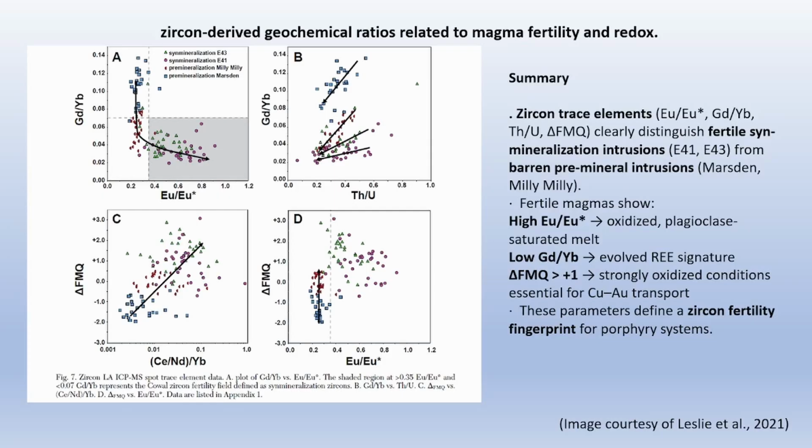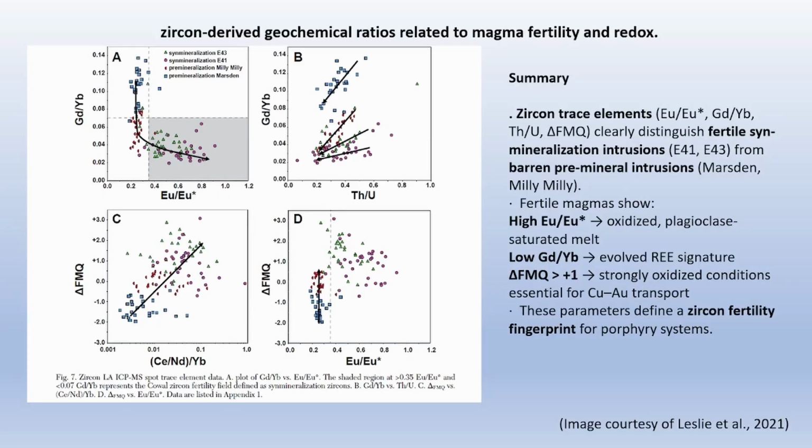Then we have panel C, which is delta FMQ versus ratios of cerium, neodymium divided by yttrium. Delta FMQ estimates oxidation state relative to the fayalite-magnetite-quartz buffer. The x-axis here, cerium-neodymium/yttrium, combines REE behavior and melt fractionation.